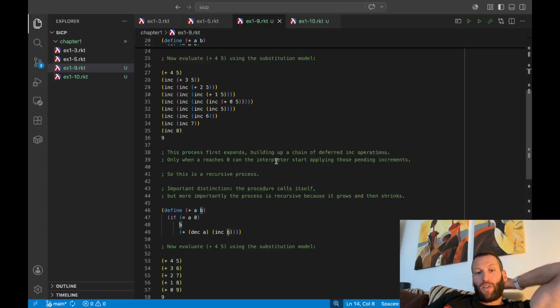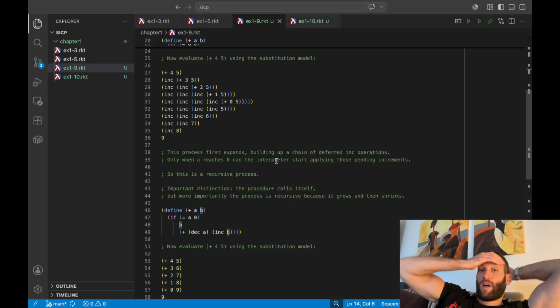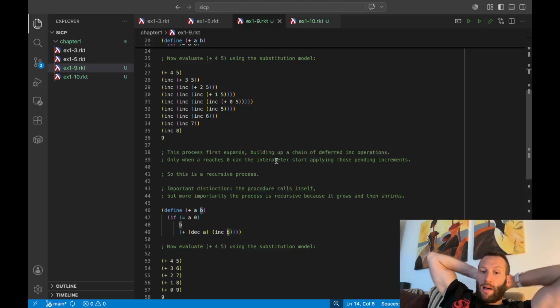This is an important distinction that is remarked in the book. The procedure calls itself, and so we have a recursive procedure, but more importantly, the process is recursive because it grows and then it shrinks.